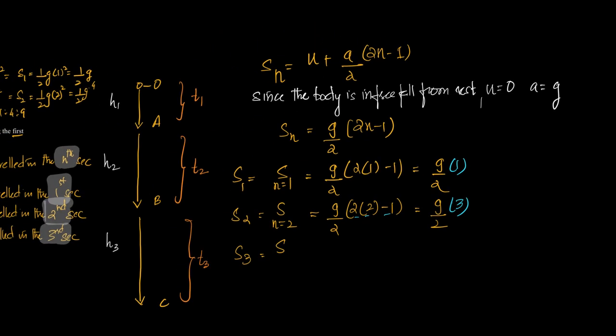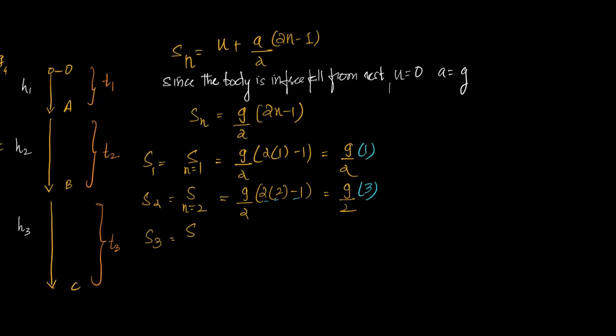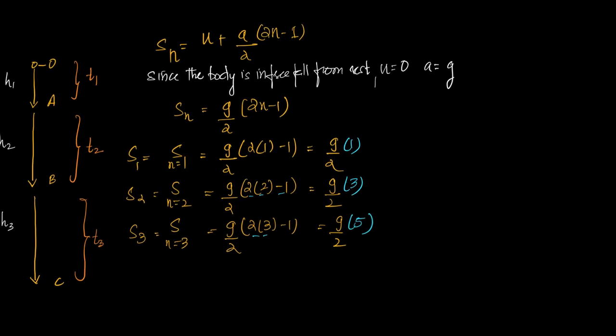Okay. Similarly, what is S3 equal to? First, second and third seconds. Okay, so it is n is equal to 3, which is equal to g by 2 into 2 into 3 minus 1, which is equal to g by 2 into, what is 2 into 3? 6. What is 6 minus 1? This is 5. Now, what is it that we've been asked to find out?